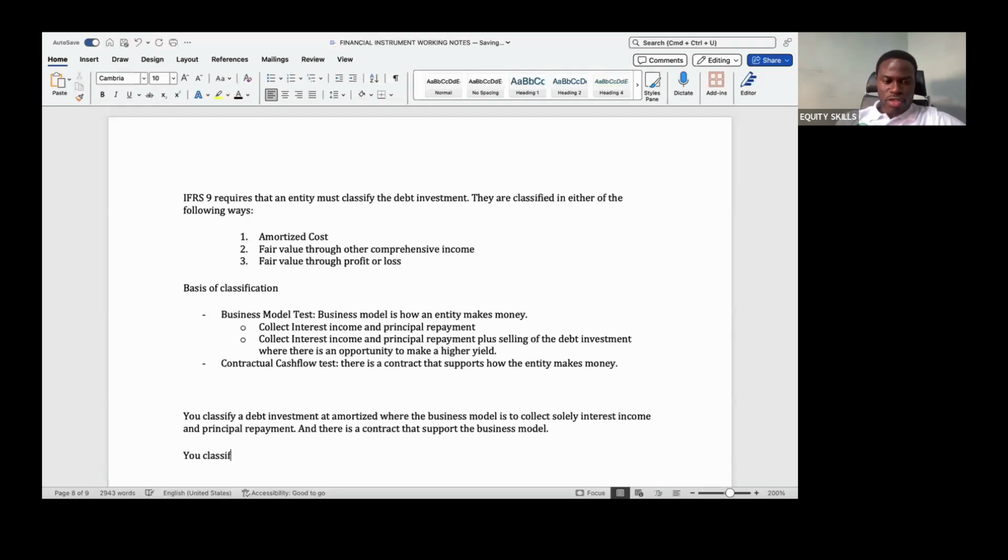Secondly, you classify a debt investment at fair value to other comprehensive income where the business model is to collect interest income and principal repayments, as well as sell the debt investments where there's an opportunity to make higher yield.